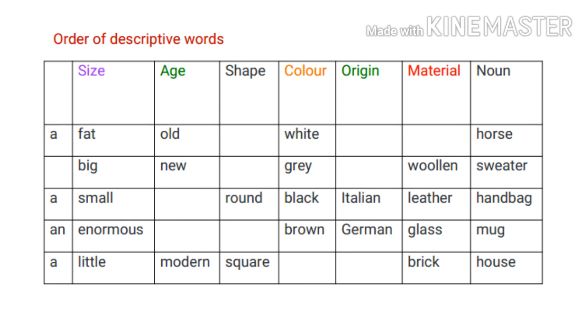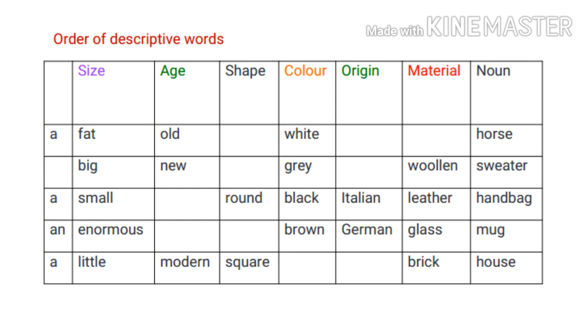Order of descriptive words. When we use several adjectives together, follow the given order, though it is not mandatory. See the order: size, age, shape, color, origin, material.